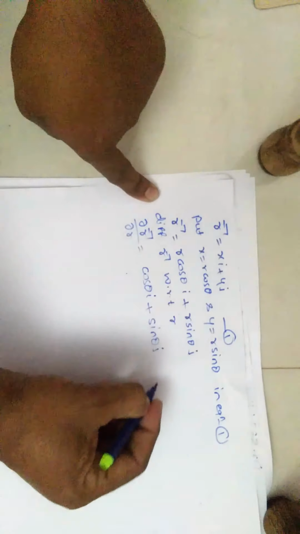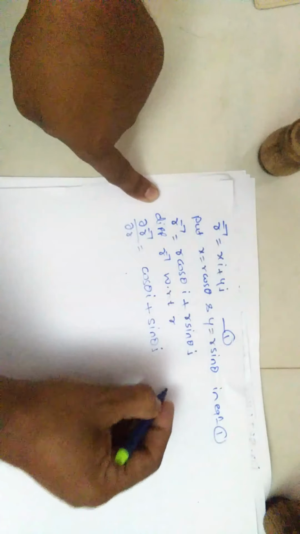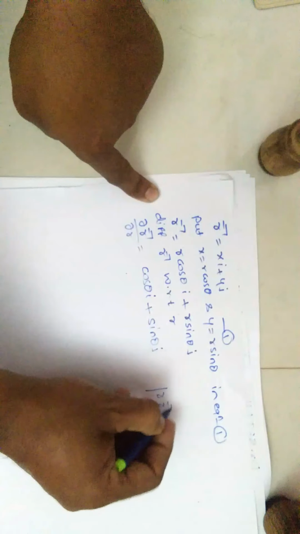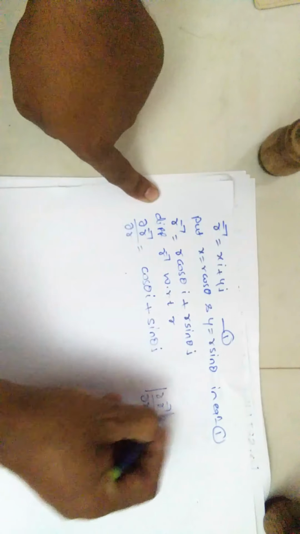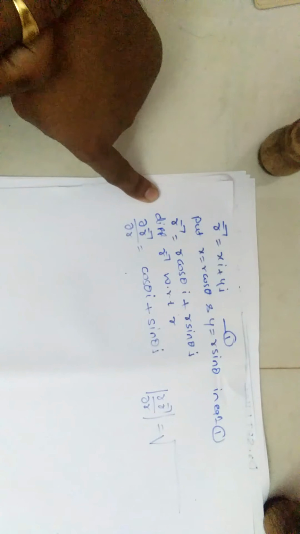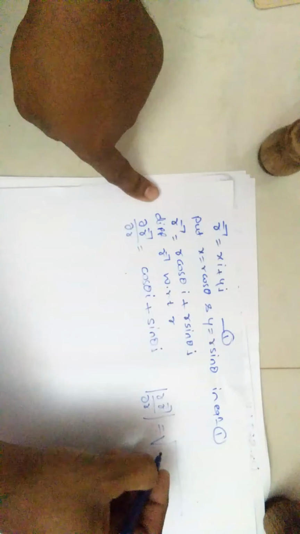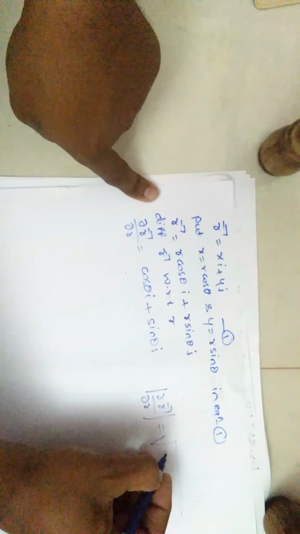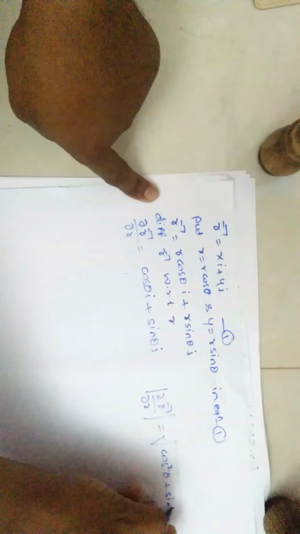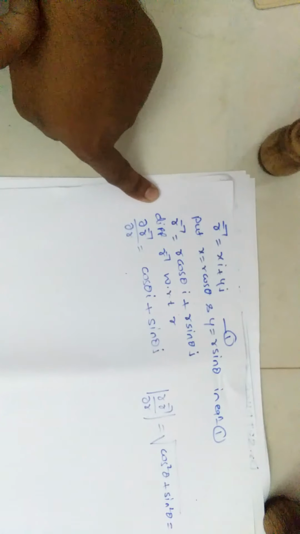Now calculate its absolute value, the absolute value of dou r bar by dou r. If it is a complex number, how do we calculate the absolute value? You know that it is the square root of a squared plus b squared. So here it is cos squared theta plus sin squared theta, whose value is 1.